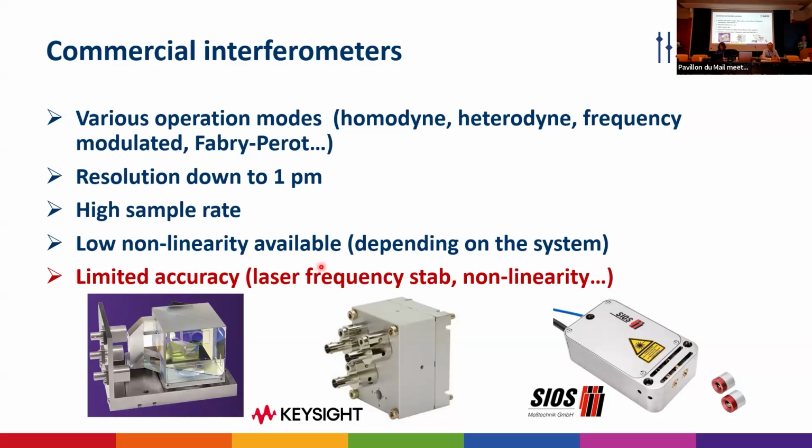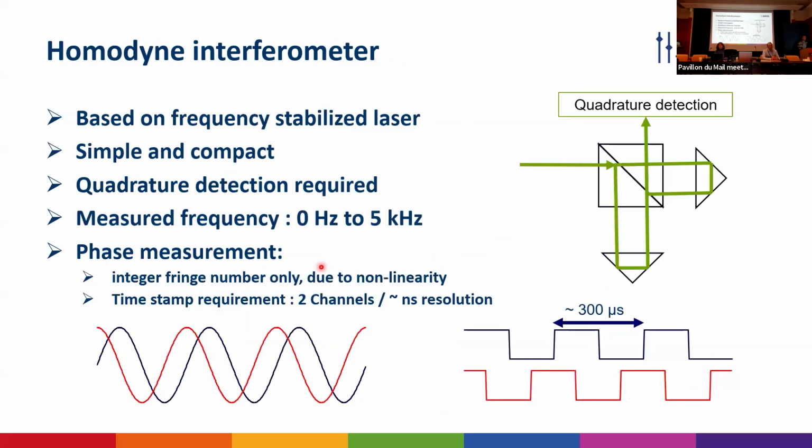Some are also available with low nonlinearities, but they are all limited in accuracy, because some of them have large nonlinearities because of the stability of the laser frequency. I put a few examples here of commercial systems. They can typically provide accuracies at, I would say, 50 ppb level, but below 50 ppb, it starts to be difficult to find commercial systems.